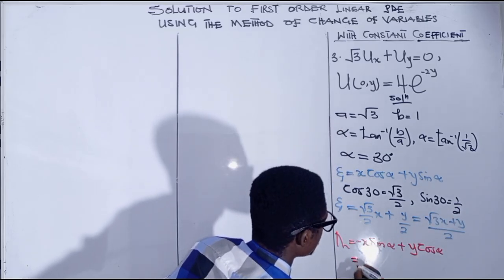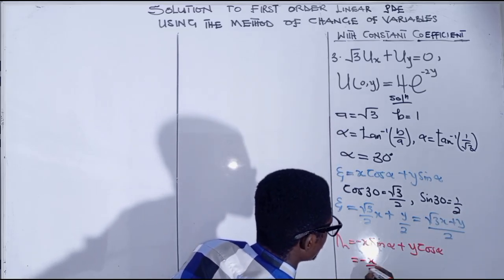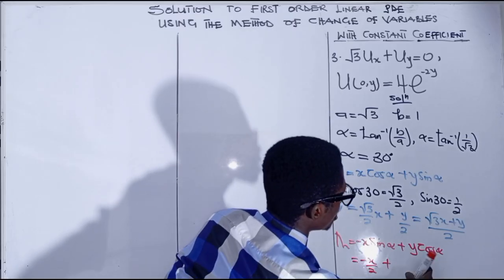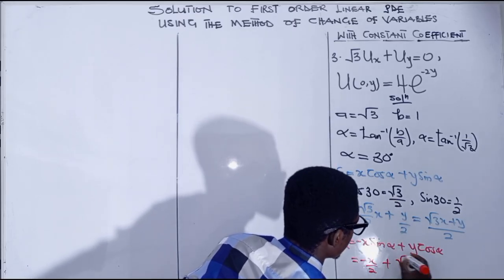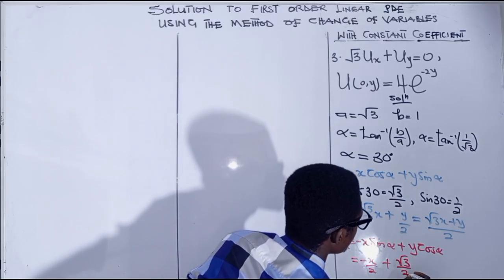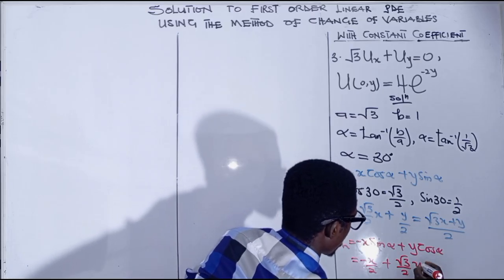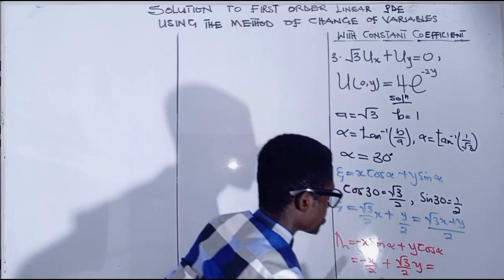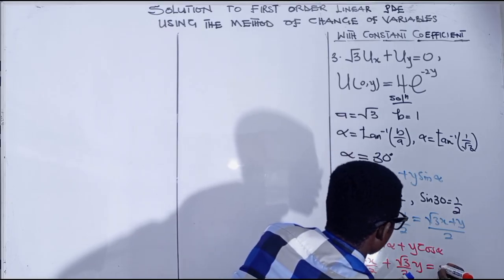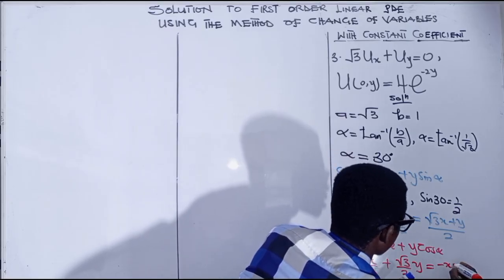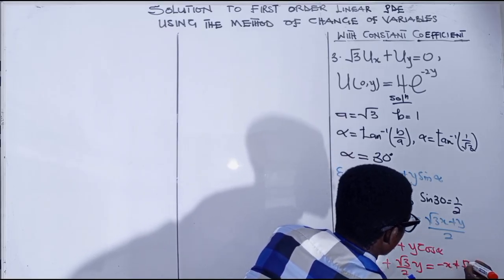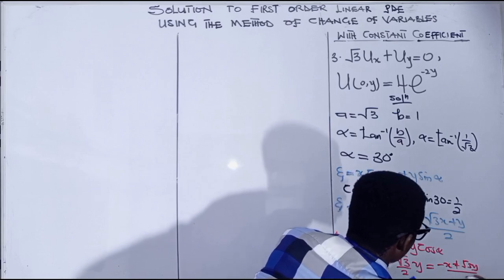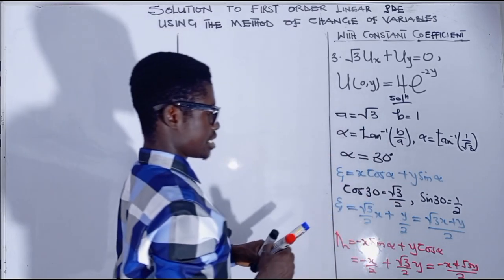So we have minus x over 2 plus cos alpha, we had root 3 all over 2 and then multiplying y. So with these two, we can simplify it and write it as minus x plus root 3y all over what? 2. Very, very easy and then simple.